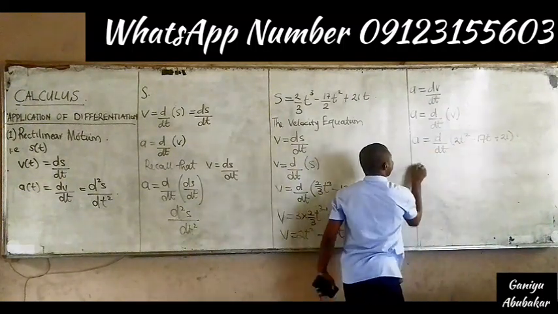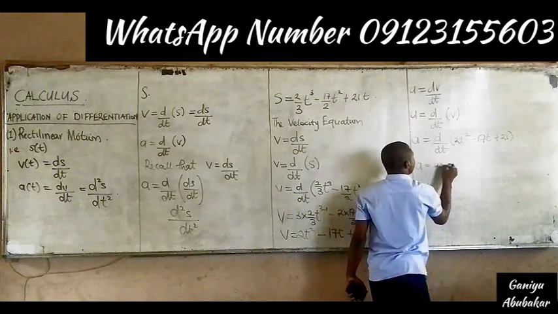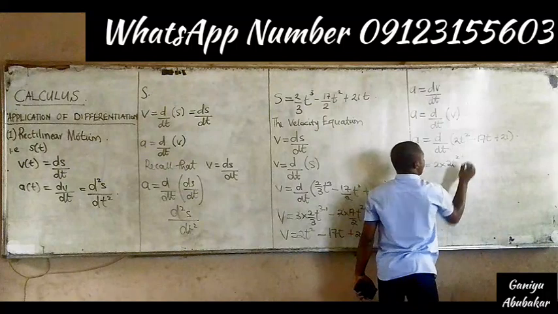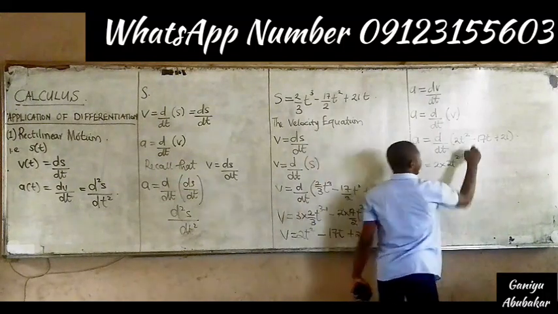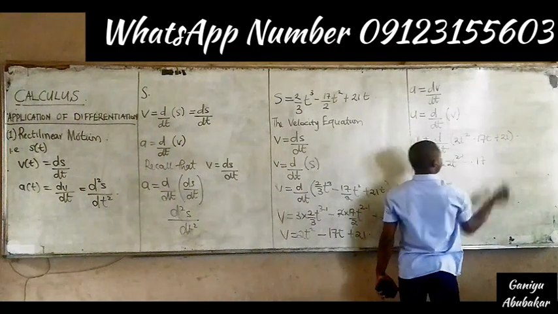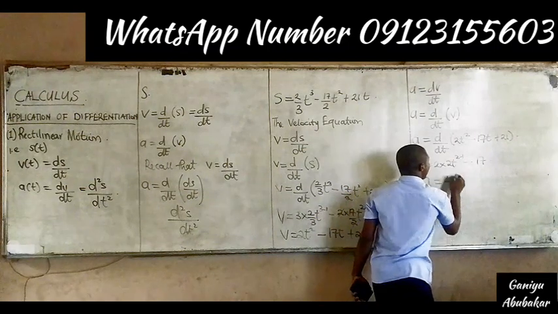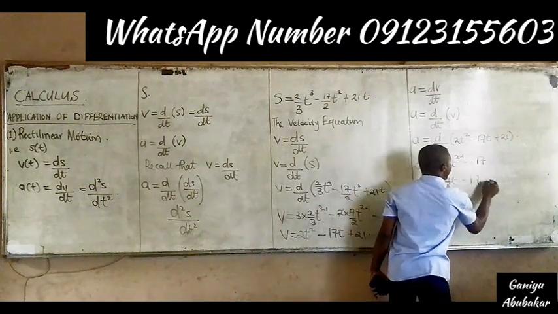Acceleration becomes 2 times 2t to the power 2 minus 1. Next, minus, if I differentiate 17t, I have 17, that's all. Finally, my acceleration equation becomes 4t minus 17.